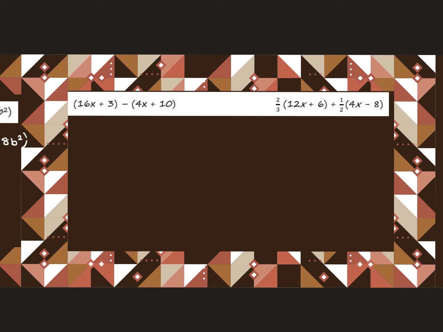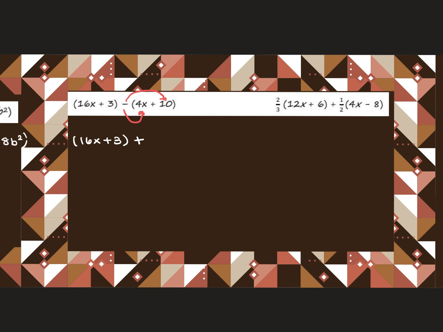All right, so let's look at this first example here. So I have 16x plus 3 minus 4x plus 10. Again, you don't have to do this, but it's something I like to do when I am subtracting. I go ahead and distribute that negative to everything in the parentheses, and I add them together. So my 16x plus 3 is going to stay the same.